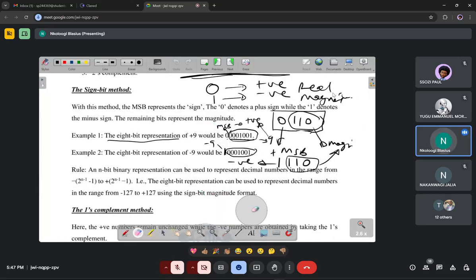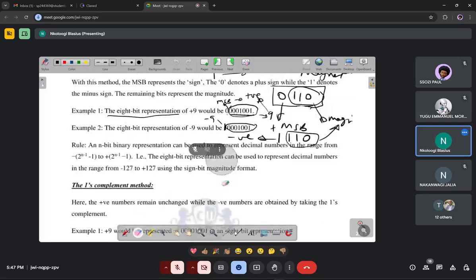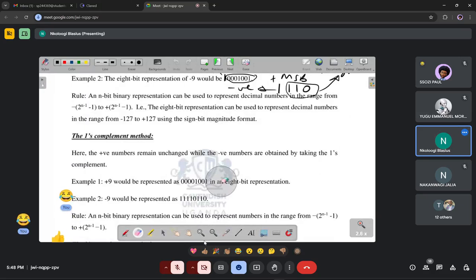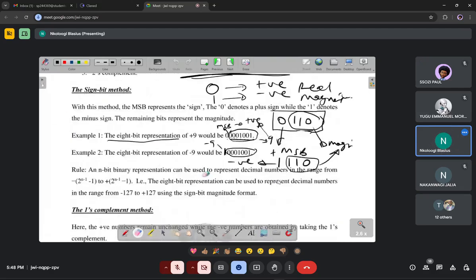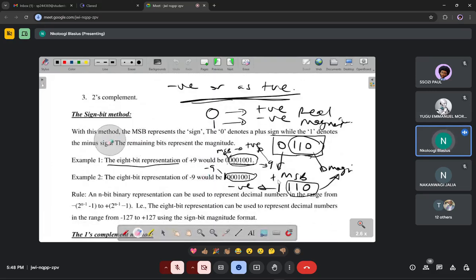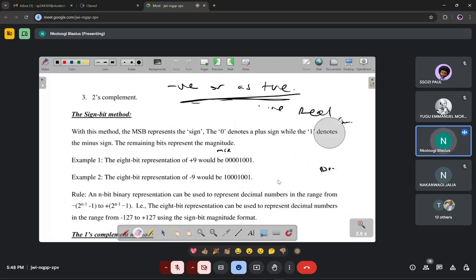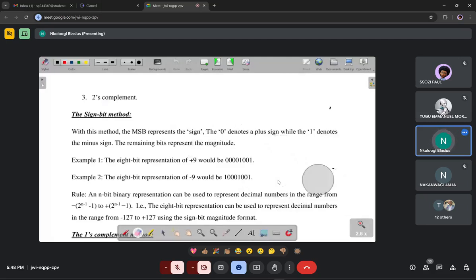Okay, I'm back. You ready to hear my voice? So I was first of all looking at the sign bit magnitude, and we saw how important the zero is if you see it as the MSB.